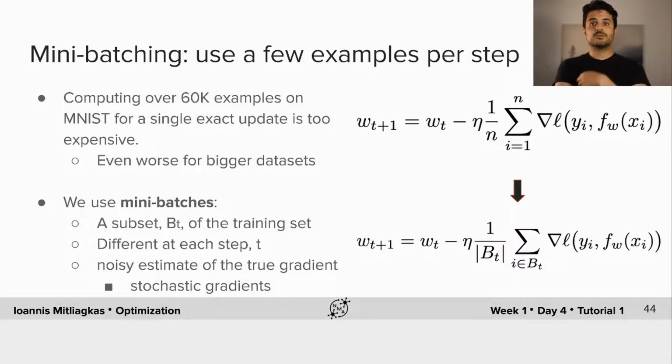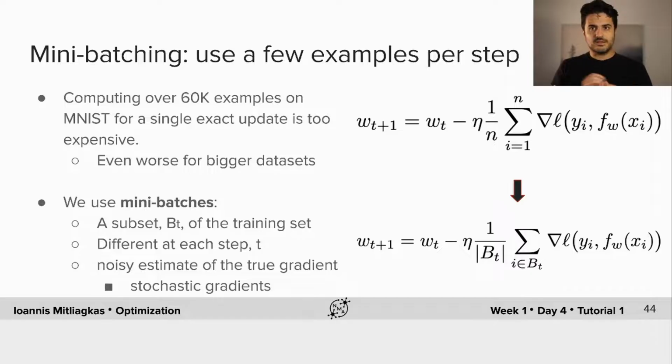Some people will call this method stochastic gradient descent when the size of B_t is just 1. Okay? Other people will use the term stochastic gradient descent even for larger batch sizes. So beware of this discrepancy in the terminology. Okay? So, but what is the deal here? We're not taking the actual gradient. Are we even minimizing the right thing? Right?